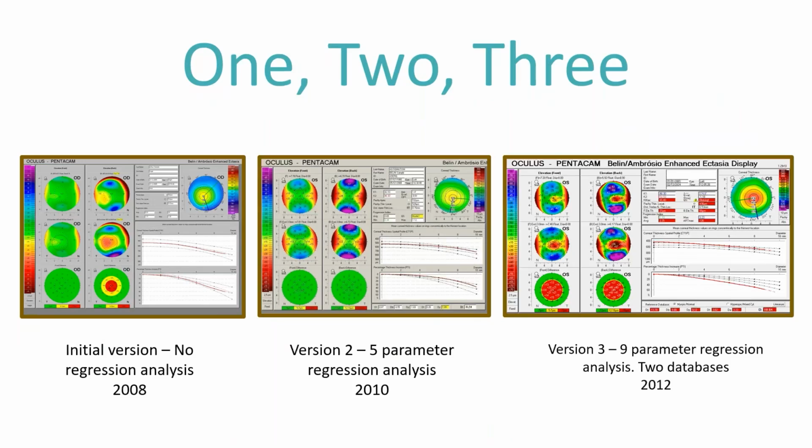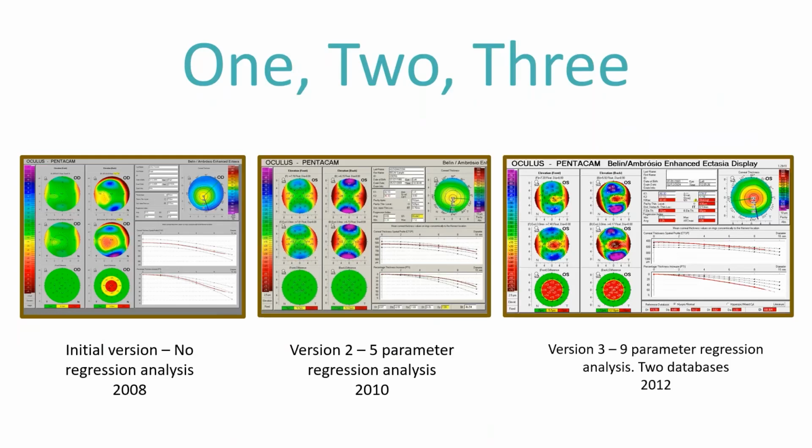In addition, every parameter, not just the 5 that were used in the regression analysis, but every parameter was color-coded and would change yellow at 1.6 standard deviation and would turn to red at 2.6 standard deviation.